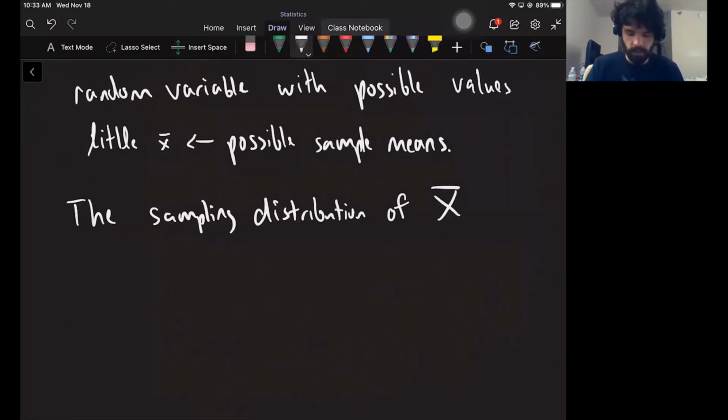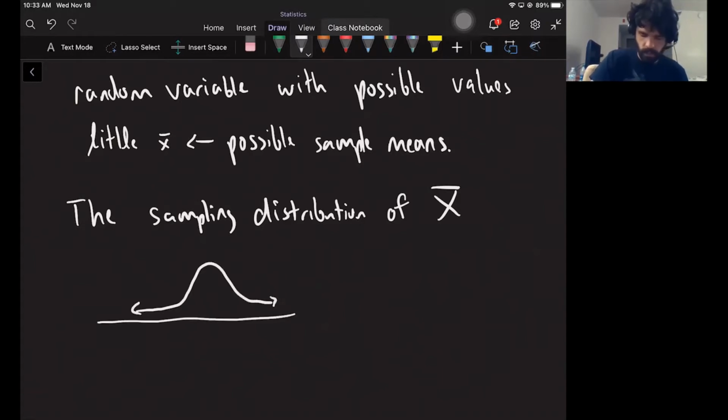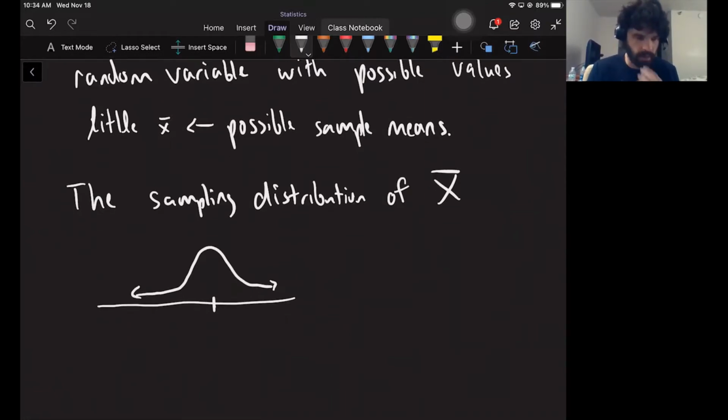But now this distribution, remember last time we said that it's just some bell curve, and it has the mean being the same as the population mean, but that mean has its own fancy name.